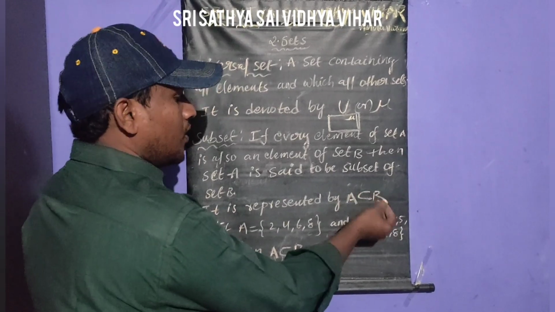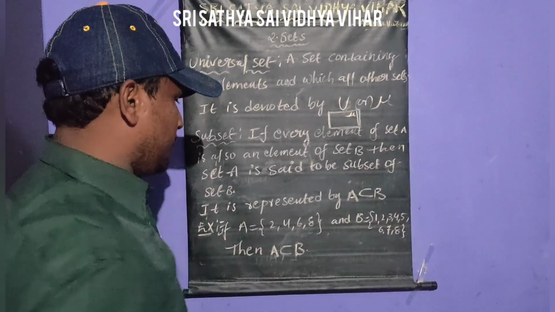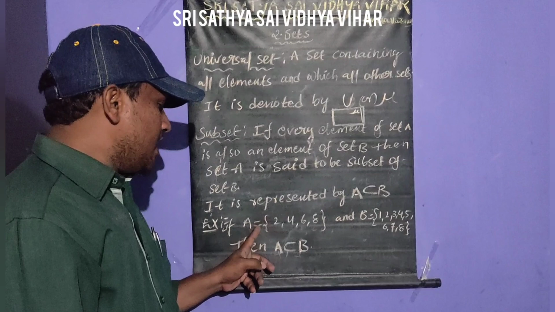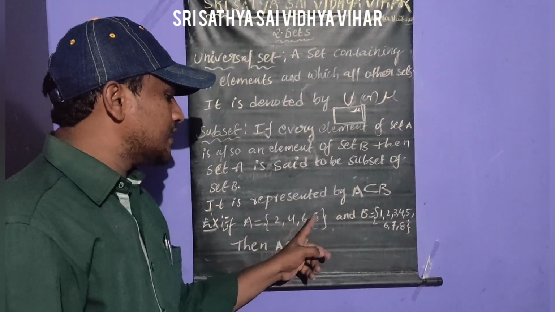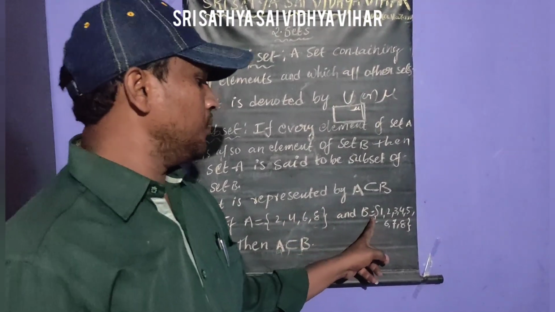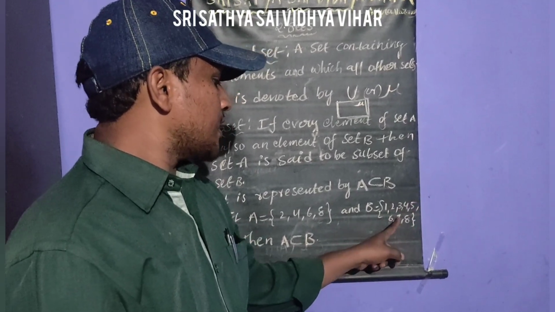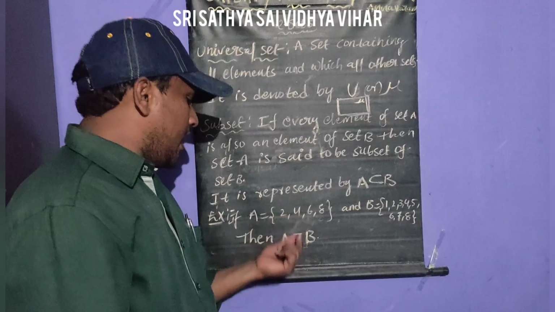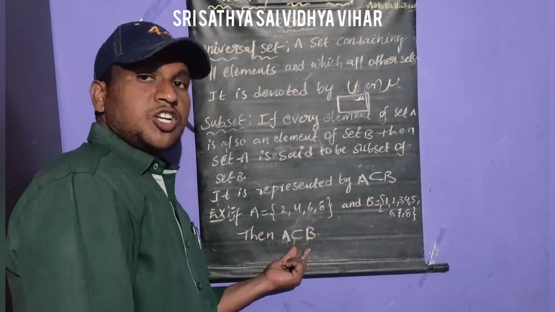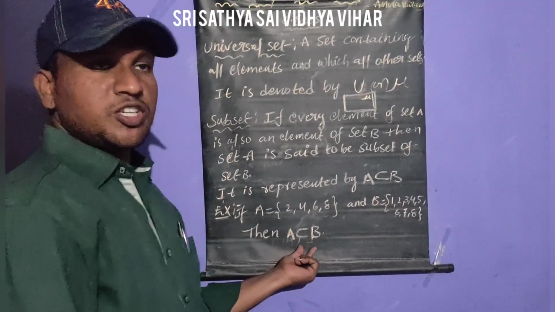For example, if A is equal to {2, 4, 6, 8} and B is equal to {1, 2, 3, 4, 5, 6, 7, 8}, then A is a subset of B.